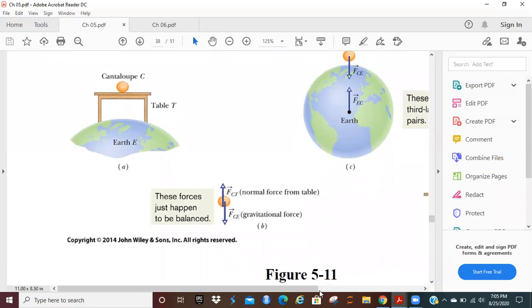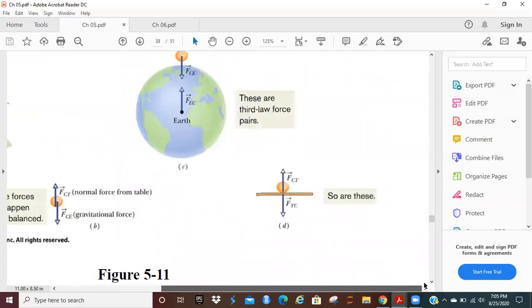And let's see if I can move this over here. So these are considered to be third law force pairs. So you've got the cantaloupe and the table, and the table and the cantaloupe. Those force pairs are equal and opposite.